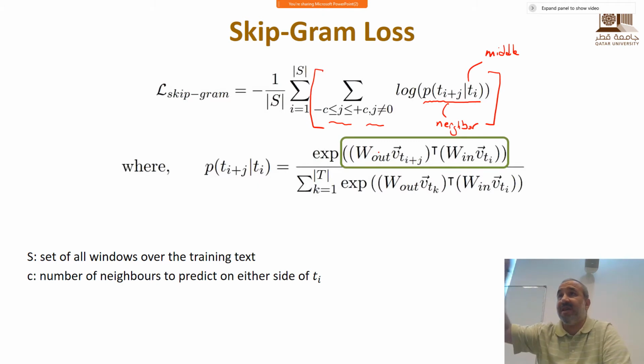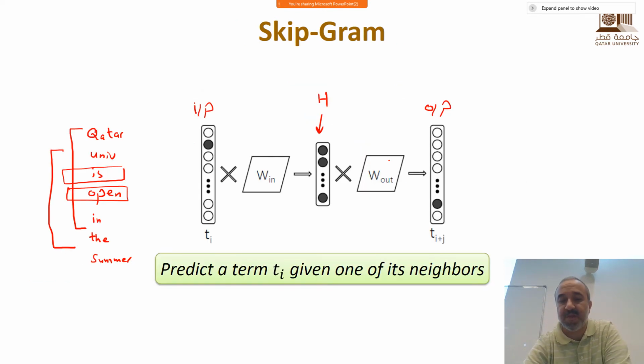That's the matrix at the output layer, multiplied by the vector of the output. This is actually what we call the embeddings of the output vector. Now let's look at this in terms of numbers. Let's assume that we have here 10,000 words in the vocabulary.